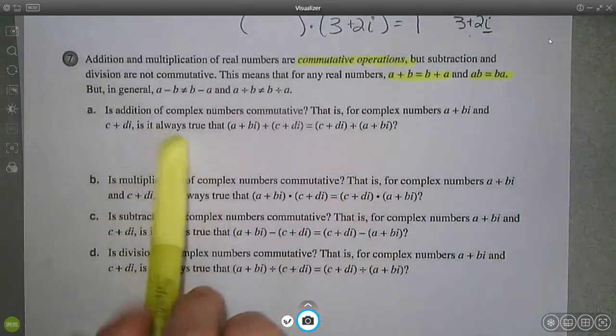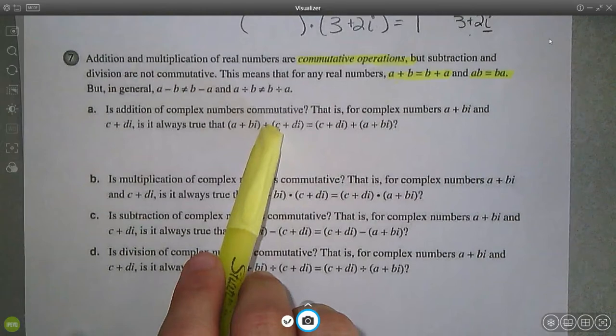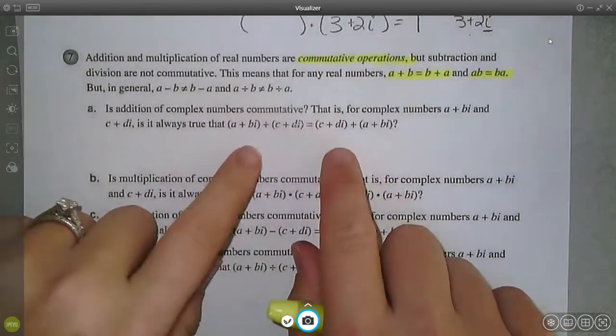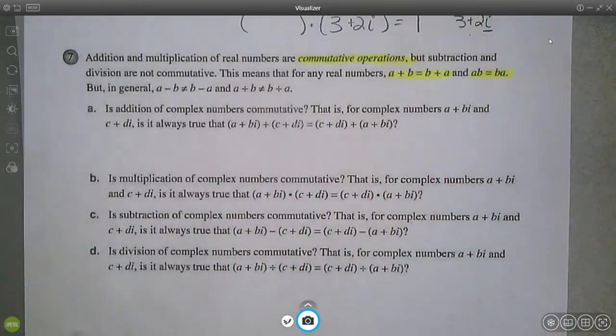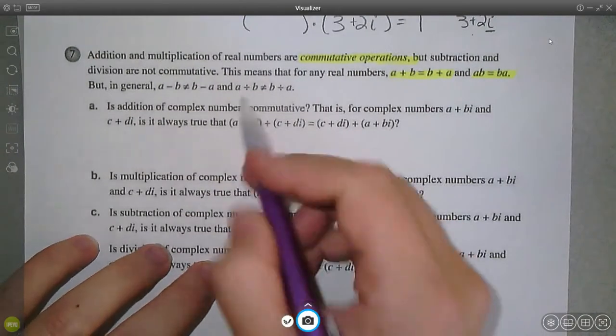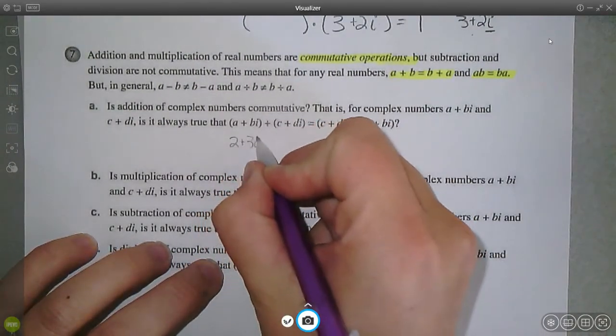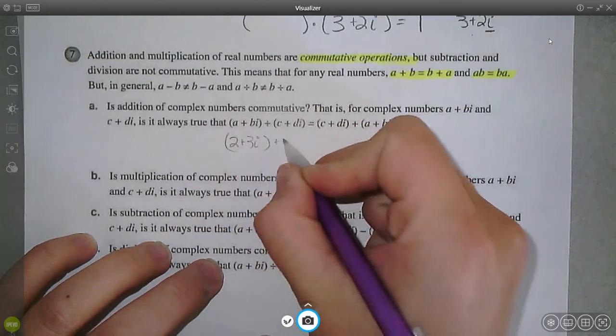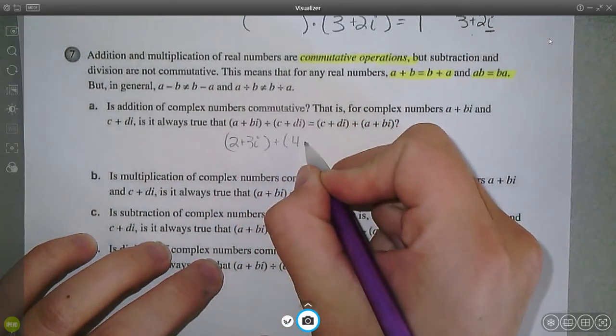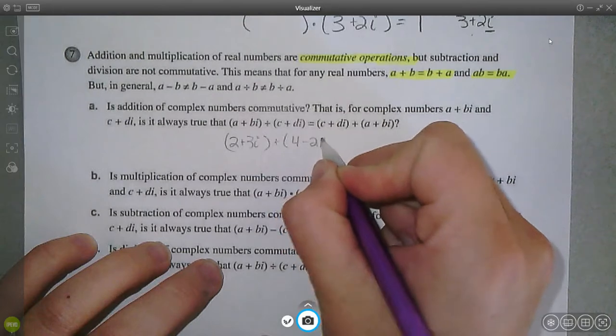So if you take A minus B, it's not the same as B minus A, and same with division. So for this one, it says, is addition of complex numbers commutative? All I want you to do is just come up with an example. So I could put 2 plus 3i. Here I could put 4 minus 2i.